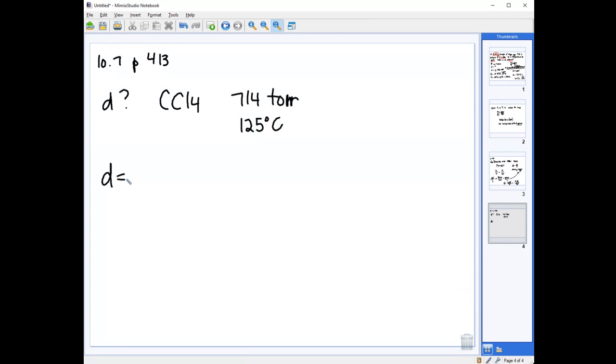We've just reworked our formula to know that density is equal to pressure times molar mass divided by RT. Our pressure is 714 torr. Is that the unit I need for pressure?